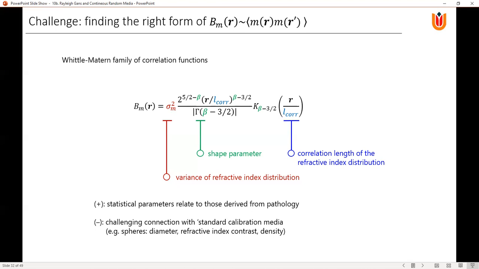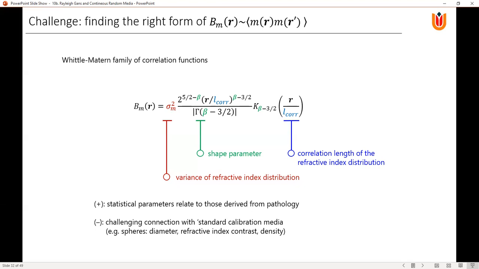Our standard way would be, if we have a new instrument and we want to assess its performance, we would take spheres from which we can calculate what the scattering properties are. We would put them in a solution where we know the volume fraction, and we would do a measurement. And then if it fits, we say it's calibrated. So here it's much more difficult.